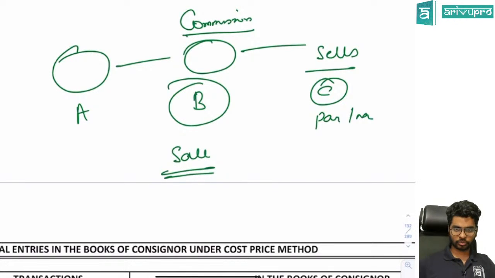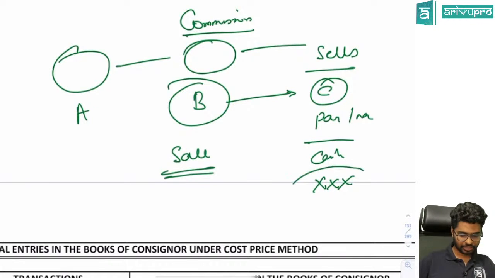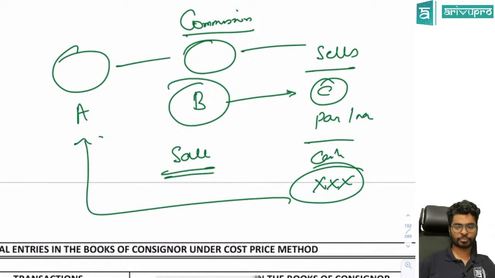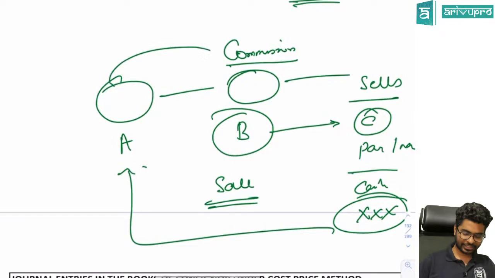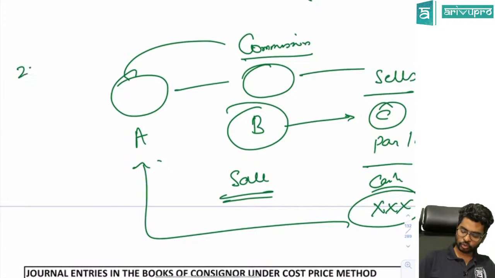Okay. Now, see, what B will do is he will not worry about the cash collection, because if bad debts happen, the bad debts are going to be borne by A. So what A will go and tell B is, see, I am paying you 2% commission. Instead of that, I'll pay you 5% commission.